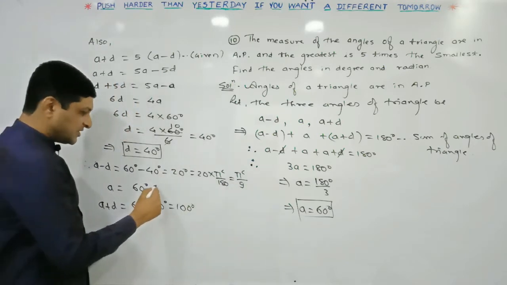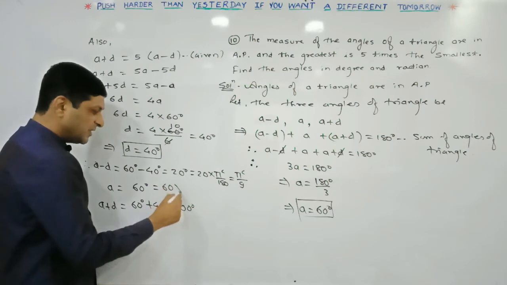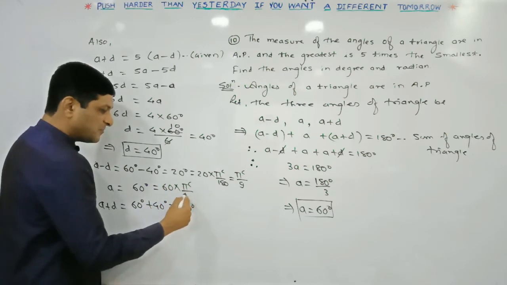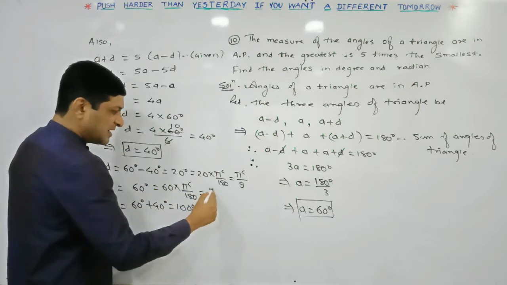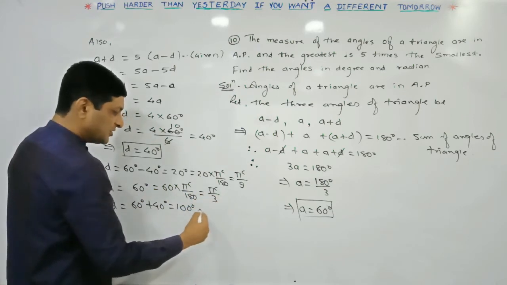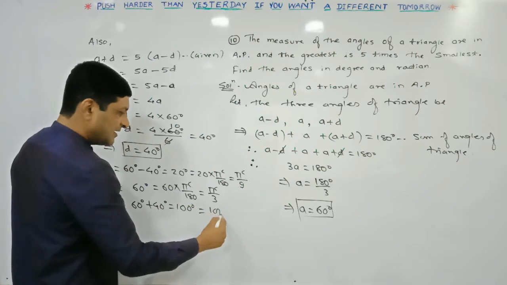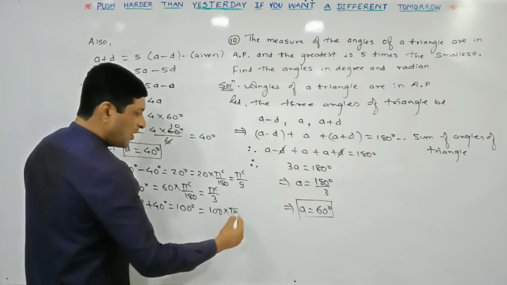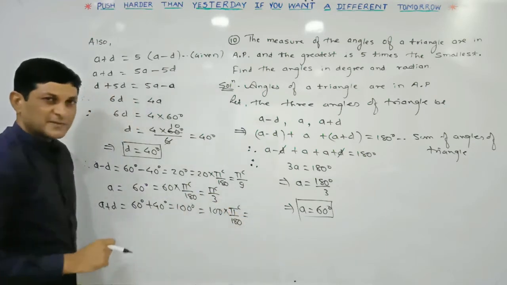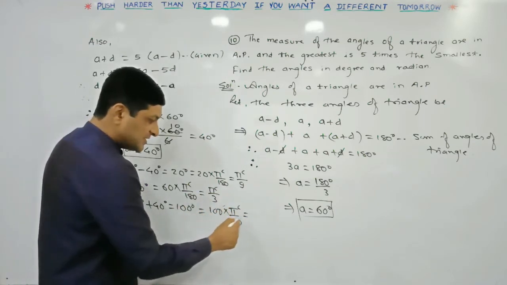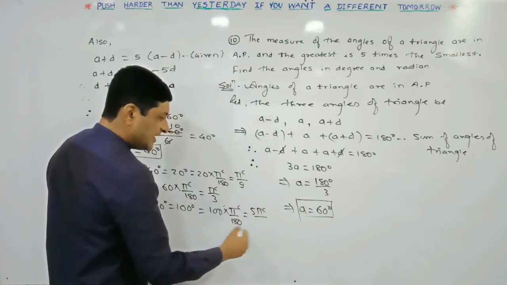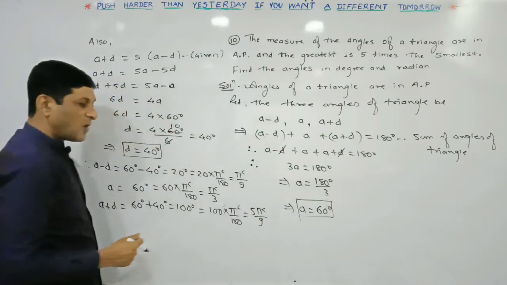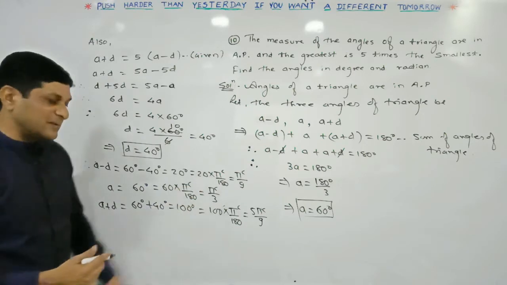So 20 into pi by 180 gives pi radian upon 9. Then 60, keep it as it is, multiply here also by pi by 180 to convert degrees into radians. 6 ones are 6, 6 threes are 18, which means we will get pi radian upon 3. Lastly, this 100 into pi upon 180. So we will get the radian measure. Both the numbers are divisible by 20. 20 fives are 100, so 5 pi radian, and 20 nines are 180. So we have got the degree measure and also the radian measure.